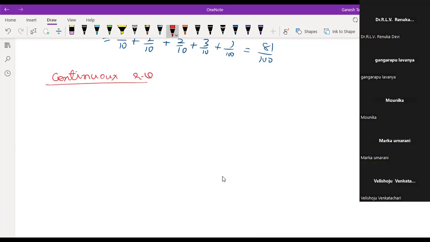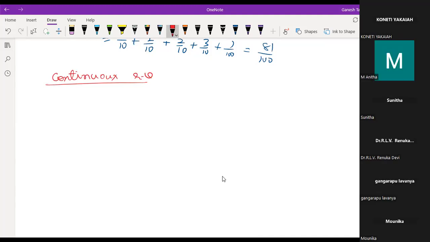When you define a random variable on a particular interval, for example if you are trying to estimate the temperature of a room, then it lies between some interval, with a lower limit and an upper limit.